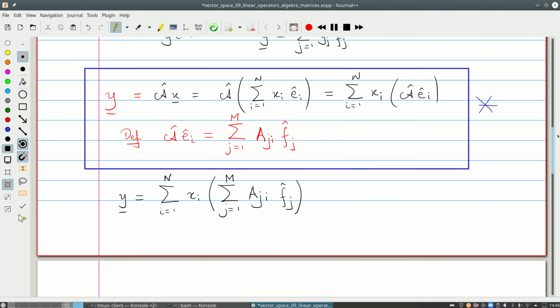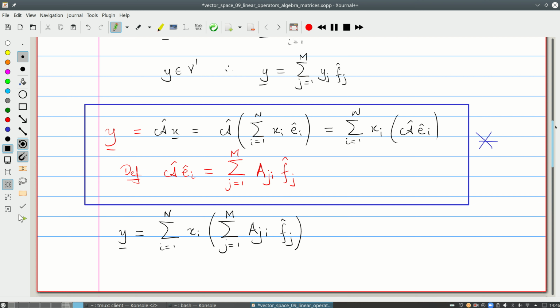Let's just remind ourselves where this a_ji came from. I said we will define this. By definition, by fiat, you would say that when this operator A hat operates on the basis vector e_i hat, this will convert the e_i hat into a vector in the V prime space. The basis set used in the V prime space are these f_j hats.